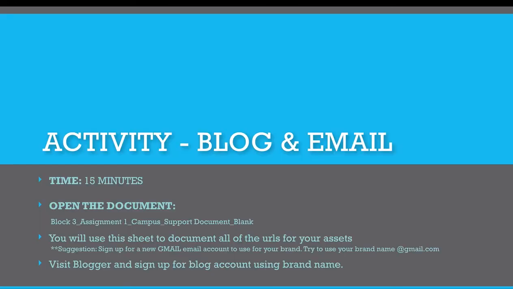All right, so right now I want you guys to set up your blog. You might want to go ahead and create a new email address for all your new assets if you don't have one already. Go to Blogger, which is blogspot.com, and we're going to set it up.